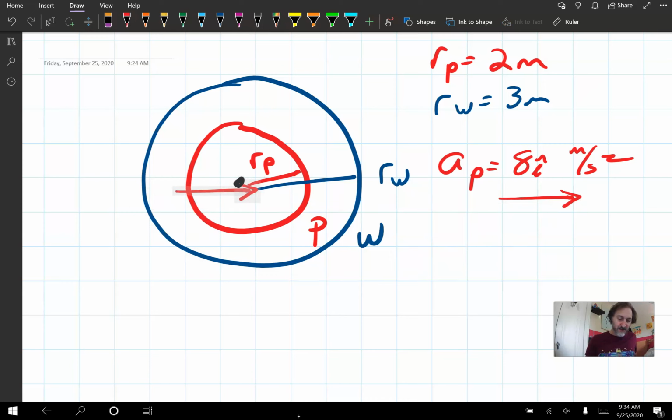So the point being described is right here, so here's where the purse is. That means the wallet must be over here, because they're on the same radial line. Those two dots now represent the location of the purse and the wallet.